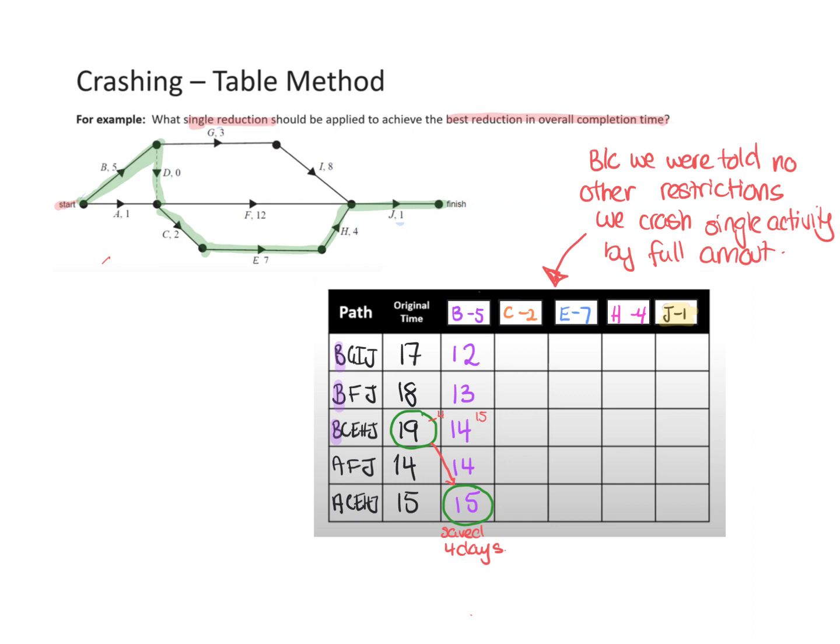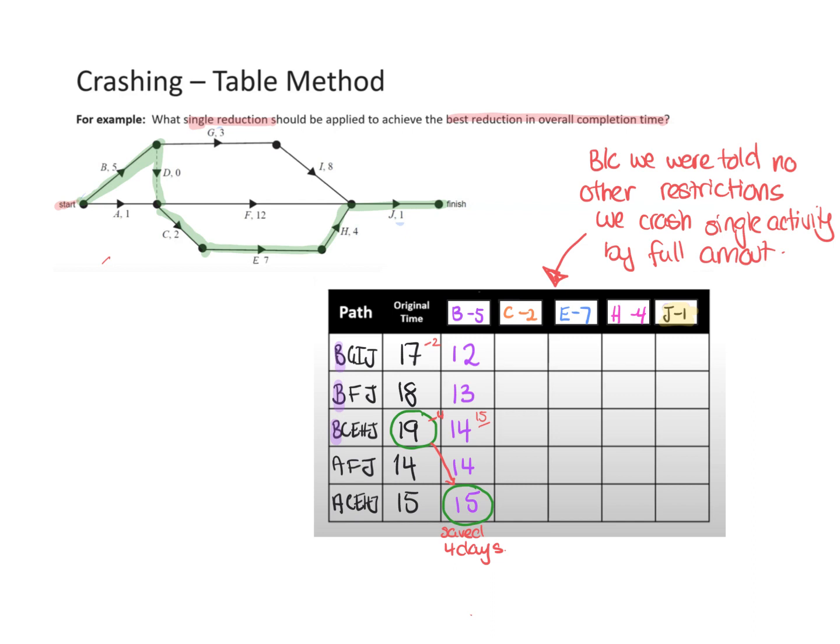So you see what you'd need to do to get down to your new critical path time. I would only have to minus 4 there to get this one to 15, and all the rest are smaller anyway. This one, I'd minus 2 to get to 15.